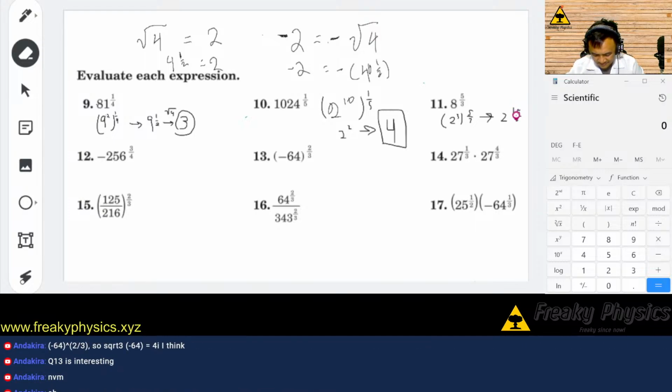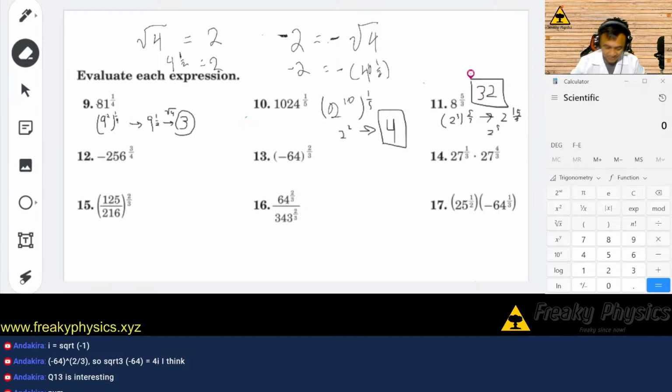Which makes two fives, 2 raised to the power of 5, and 2 raised to 5 is 32. Yay! It is 32, correct.